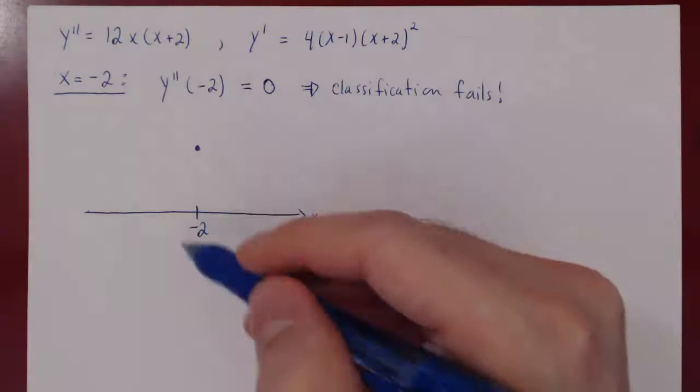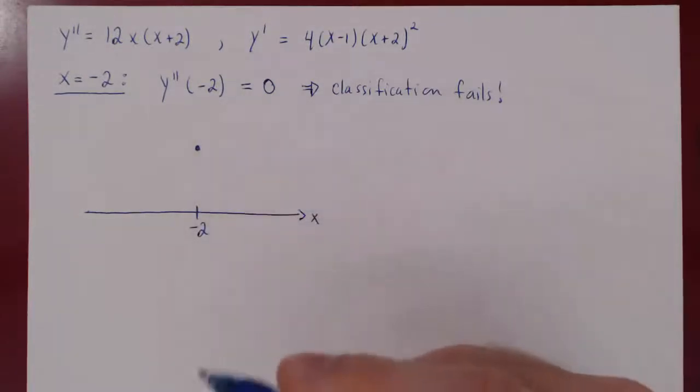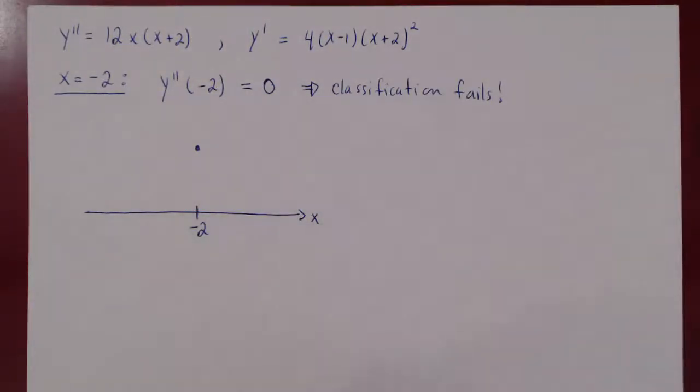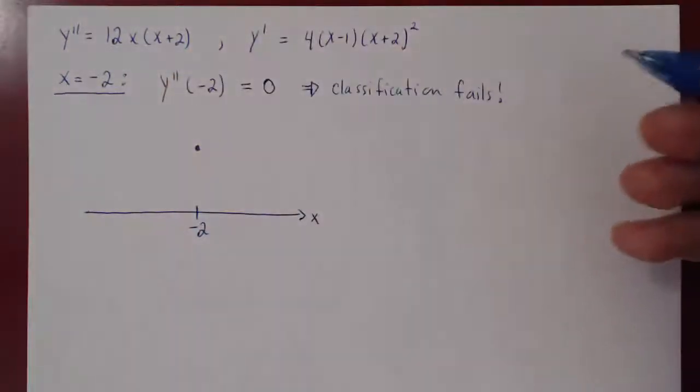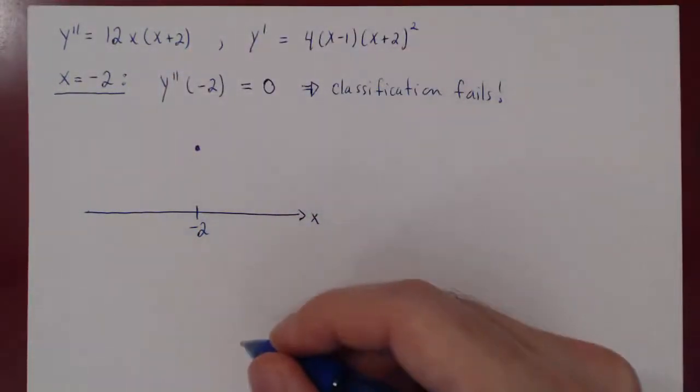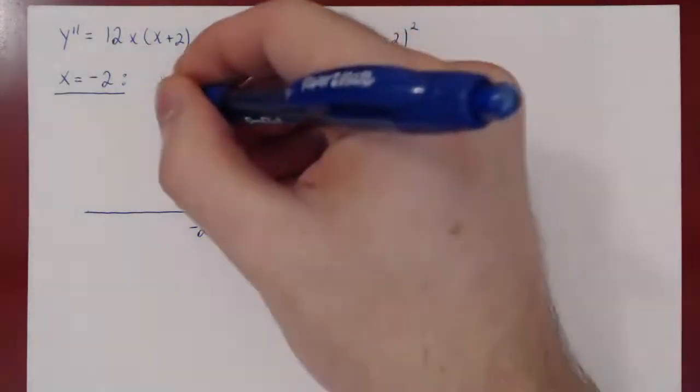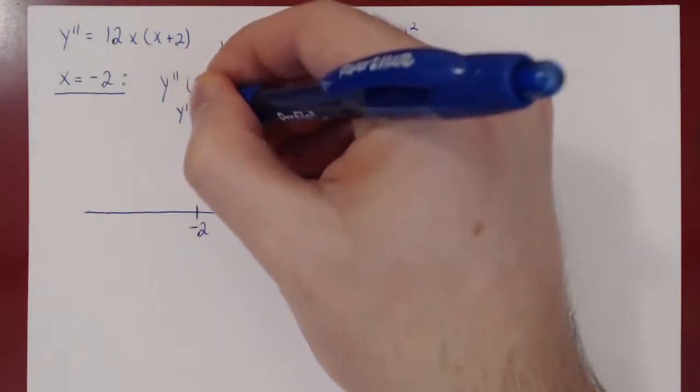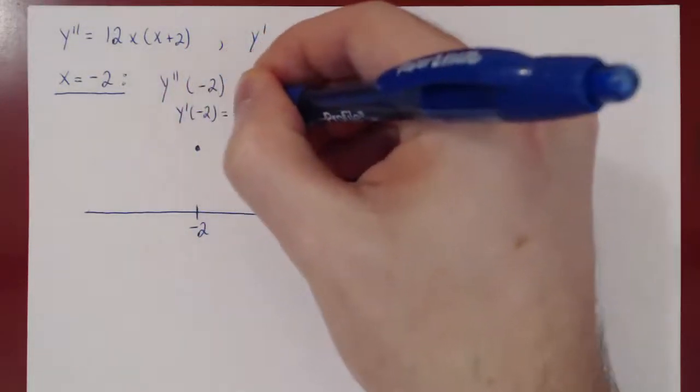Keeping in mind that at x equals negative 2, the first derivative is equal to 0. Let me write it here. Y prime at negative 2 is equal to 0.